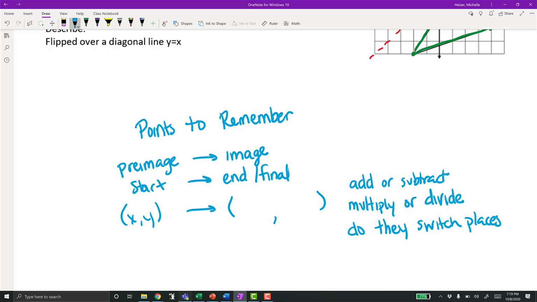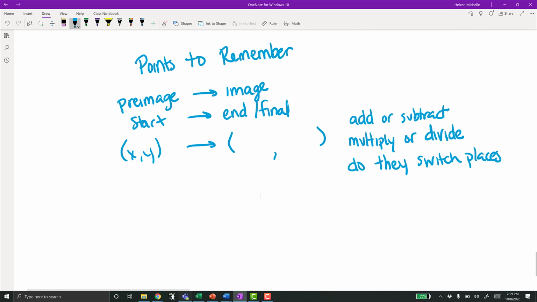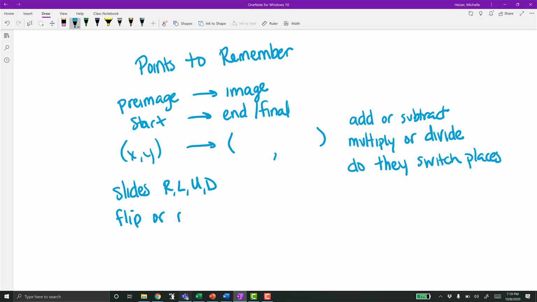And then when you're describing these, we can describe things as slides, and we could say right, left, up, or down. We could say that they flip or reflect. And we also have the twist or rotate.